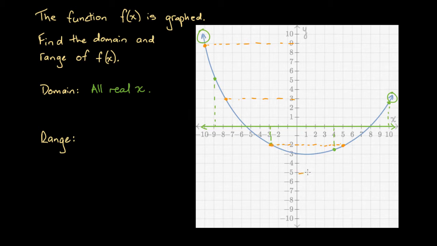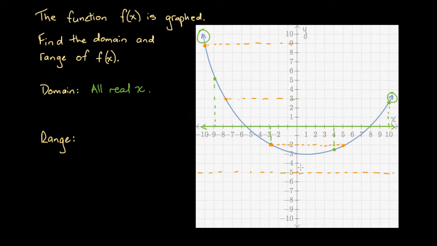But at y equals -5, if we draw a dotted line left or right, we get no intersection with the curve. That means that there is no input, there's no x value that we can input into this function that would yield an output of y equals -5. In fact, we can see that all y values less than -3 are not possible outputs for this function.